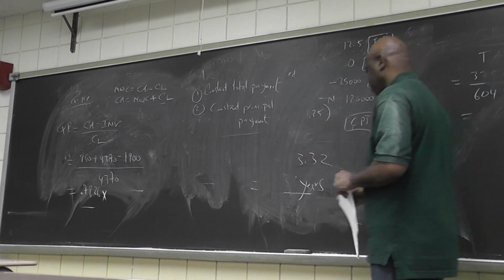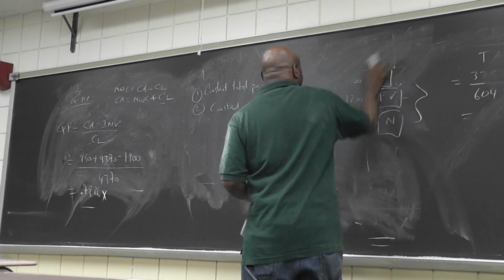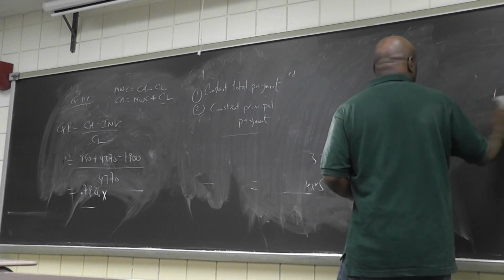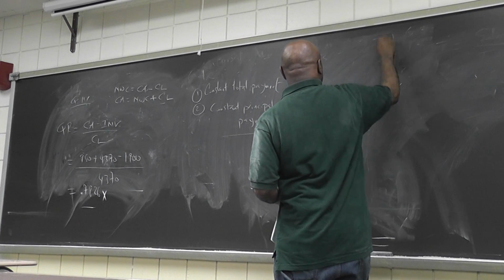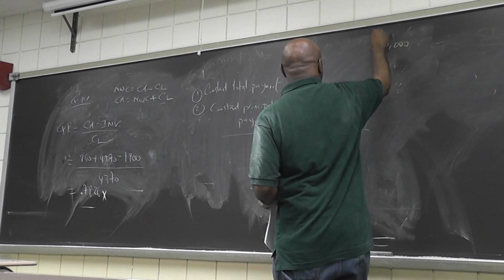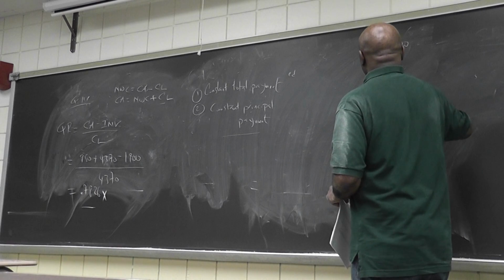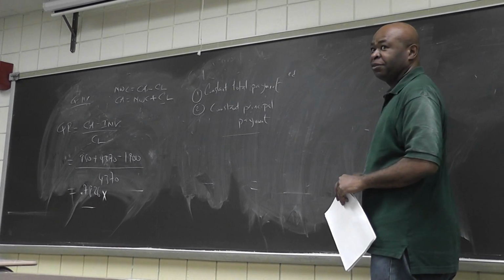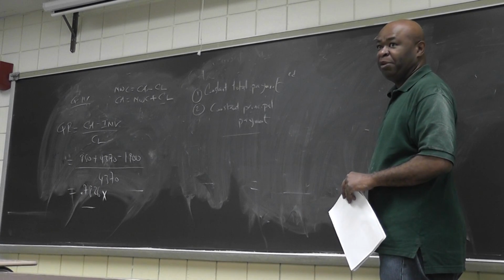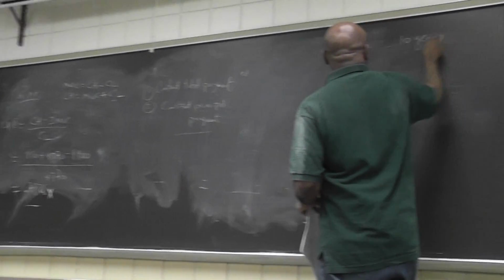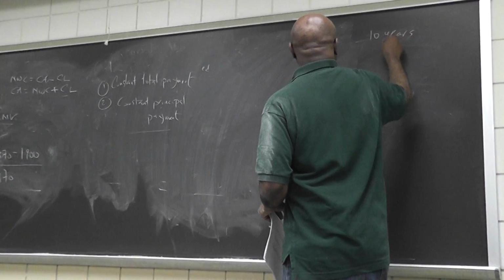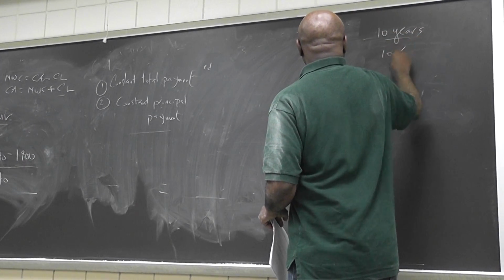Let's say that you take a loan, and that it is 10,000, to be paid over, let's say, 10 years, right? One payment per year. And then let's say that the interest rate is 10%.